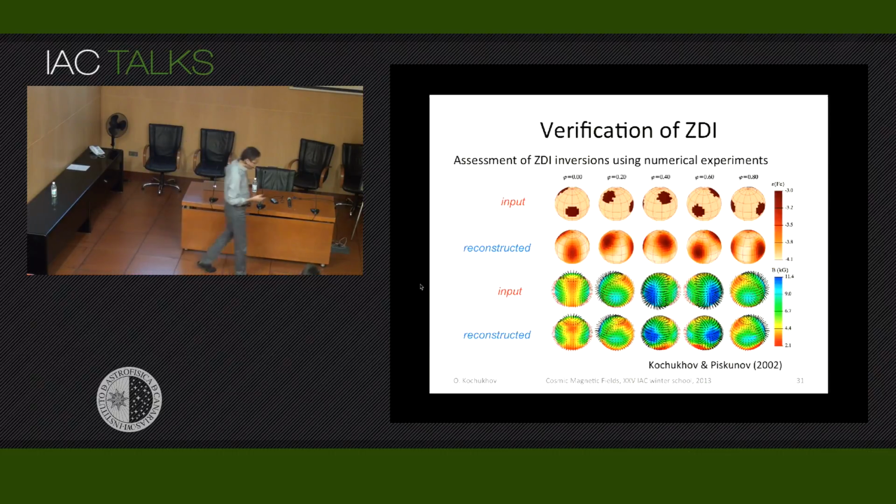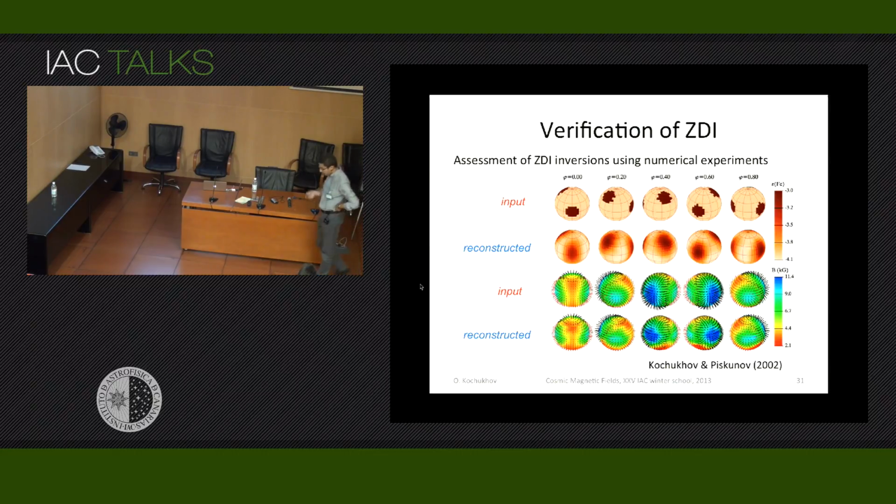And this is an illustration of tests done for Zeeman Doppler imaging. Usually we assume certain distributions of spots and magnetic field. In this case, the input maps are this and this.